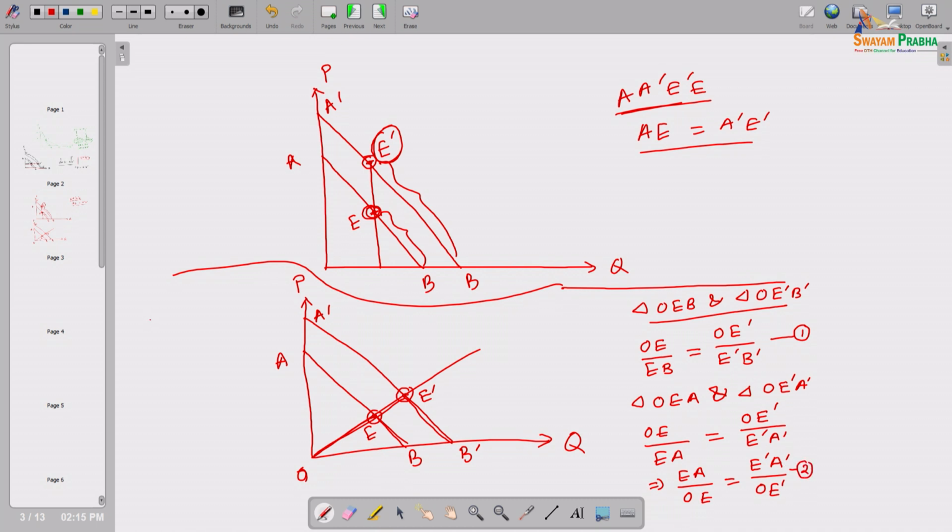Now, if you multiply equation 1 and equation 2, what will you get? Mind that on both sides of equations 1 and 2, none of the four fractions is 0, so we can easily do this.